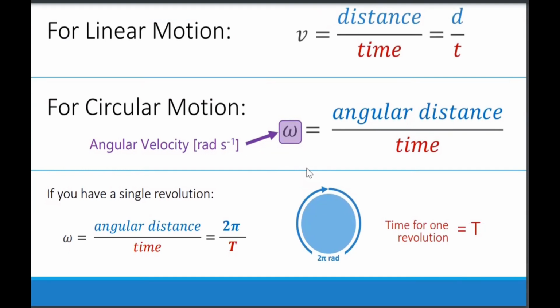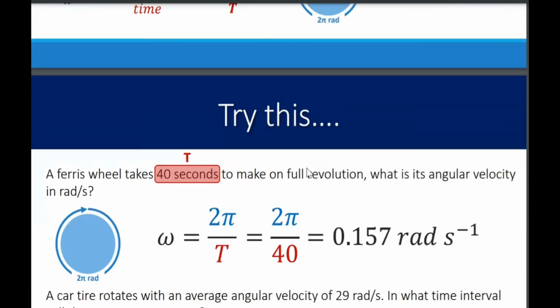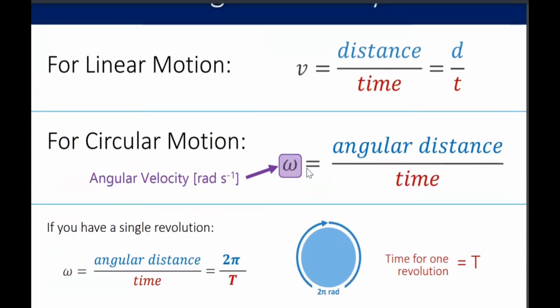For a complete circle, the distance traveled is 2 pi. If we divide that by the periodic time, which is a capital T, we get that omega is 2 pi over T. So omega, in a sense, is the speed or velocity that the object has while going around the curve. It's different from an object moving in a linear path, which is v for linear velocity.